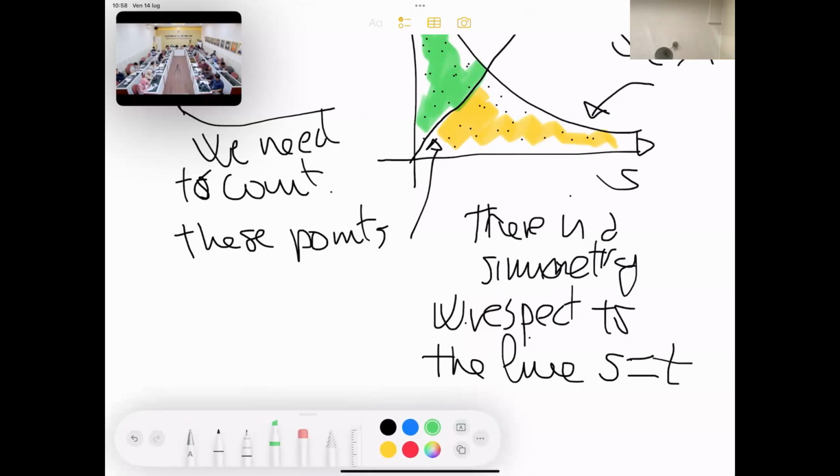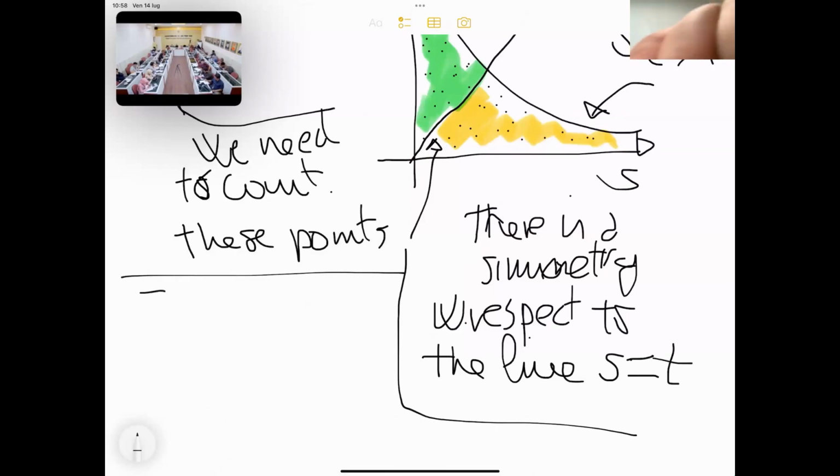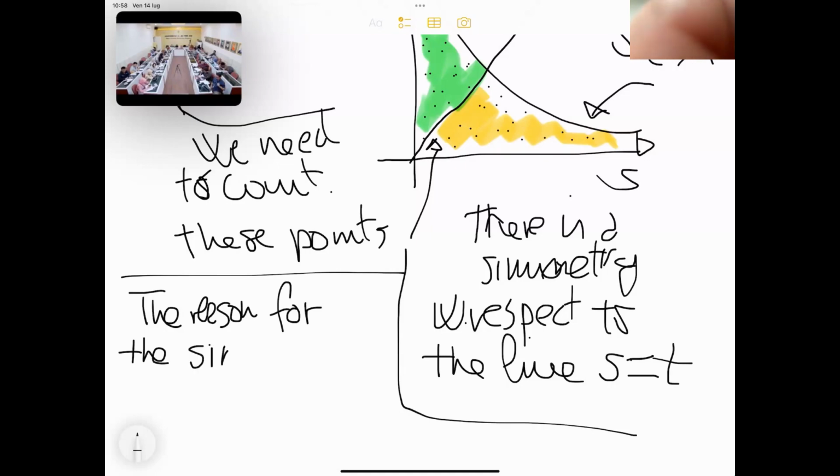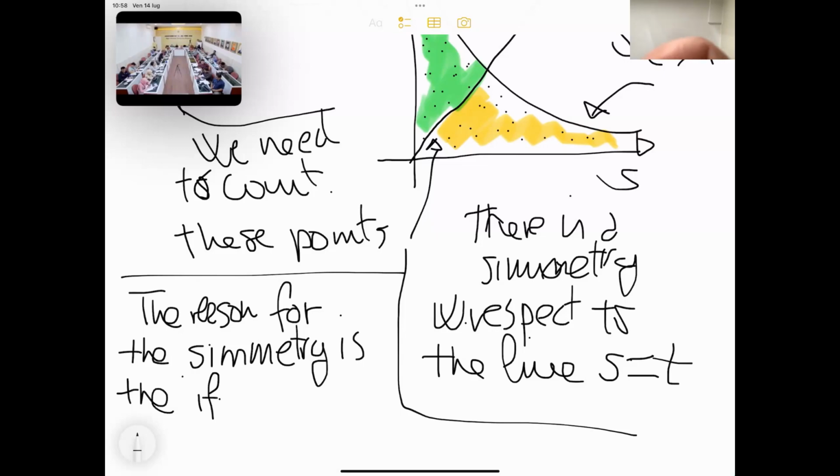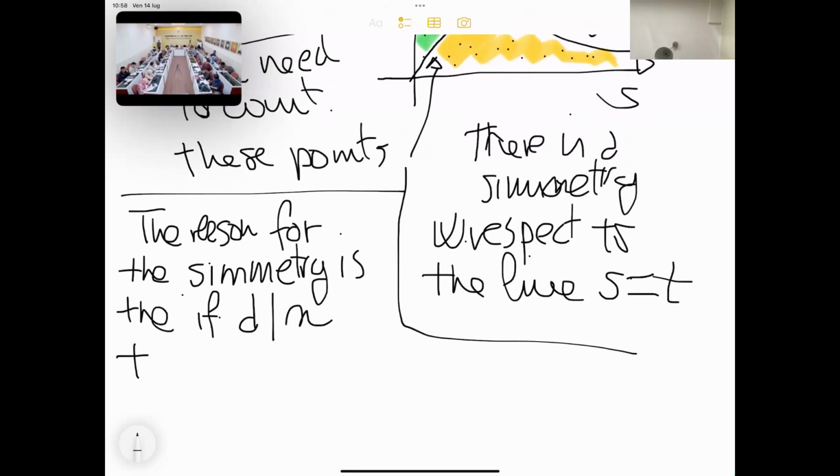So, well, there is a reason for this symmetry. The reason for the symmetry is that if d is an integer that divides another integer n, then automatically I have another divisor: n over d is also a divisor of n, right?